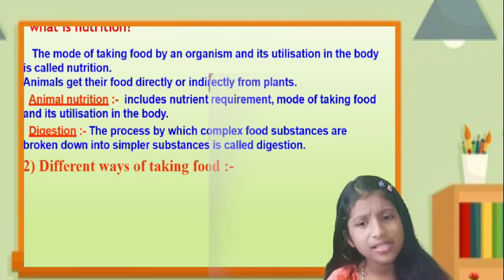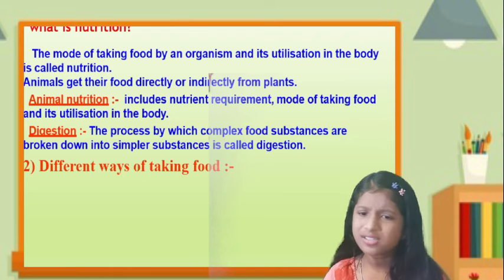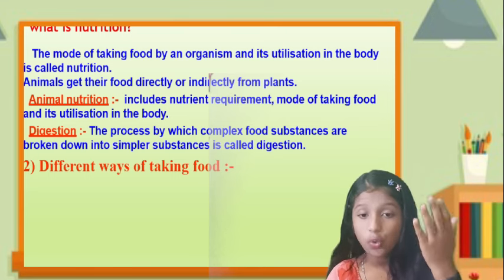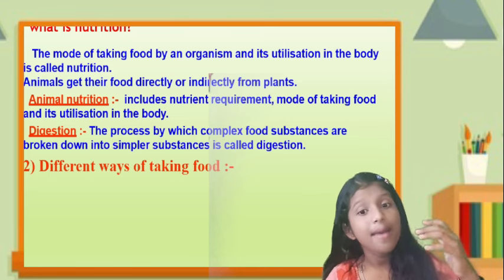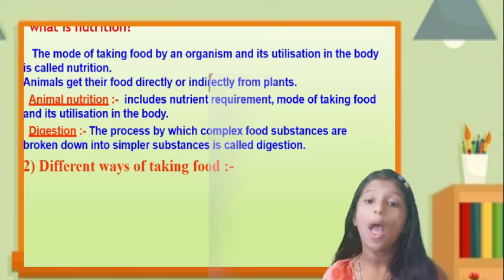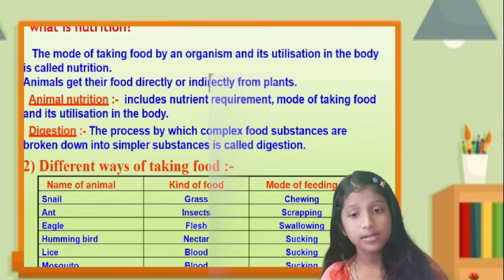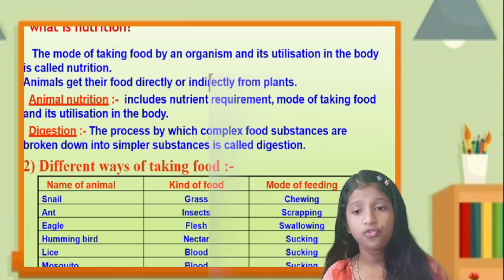Now, different ways of taking food. We know we take food by our mouth, right? You all will be thinking that, but there are some animals I'm going to show you, and how they take food. Animals take different kinds of food, and there are different modes, such as chewing.